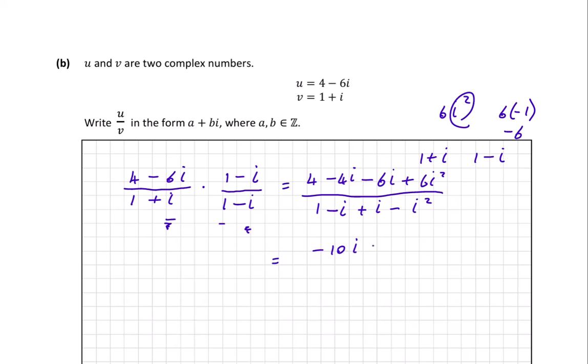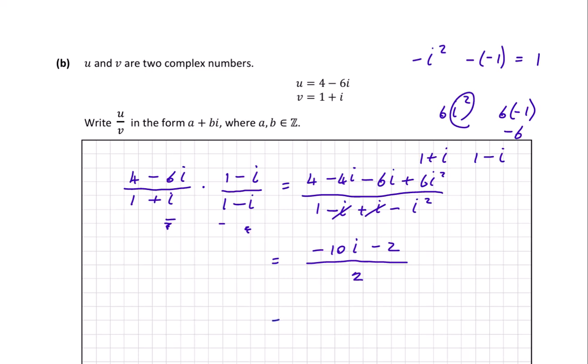That's minus 2. On the bottom then we have minus i plus i. And then again we have this minus i squared. I squared is just minus 1, so minus i squared is plus 1, and we have plus 1 here, so that's plus 2.